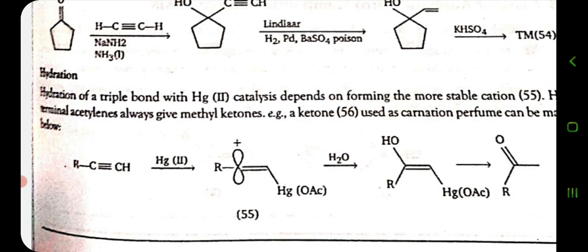A ketone used as carnation perfume can be made as below. By this reaction we can prepare perfume, and by retrosynthetic analysis and synthesis of the target molecule, we can explain this disconnection.